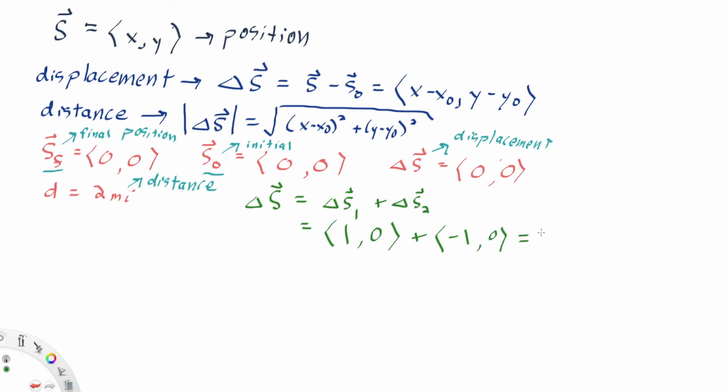And so in total, the displacement is 0, even though we did definitely do some moving on the way. Do you have any more questions on distance, displacement, position before I move on to velocity?